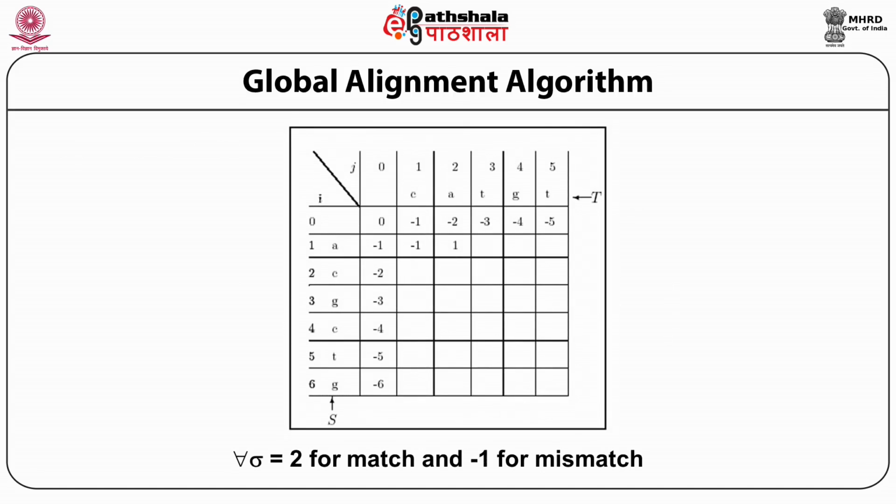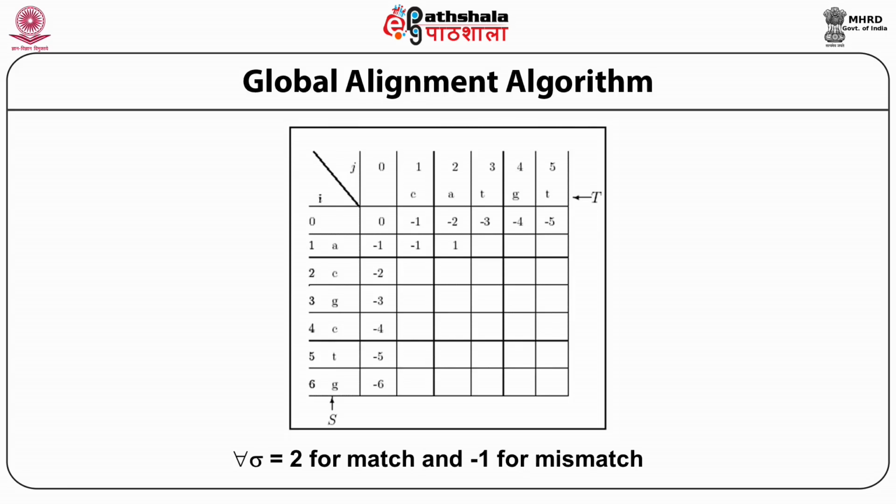So let's say the sequence S is along the vertical axis and sequence T is along the horizontal axis. Now if I take the character A and I start matching A in the vertical axis, the first character, with whatever is along the horizontal axis, of course I give a score: for a mismatch I give a score of -1, for a match I give a score of +1. Now let us see what happens.